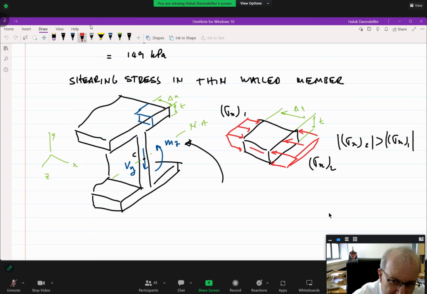Şuradan bağlı. There must be a shear force here, right? Oldu mu arkadaşlar? For equilibrium. And this shear force, as a result, is determined with this equation. The same equation, the derivation is the same.